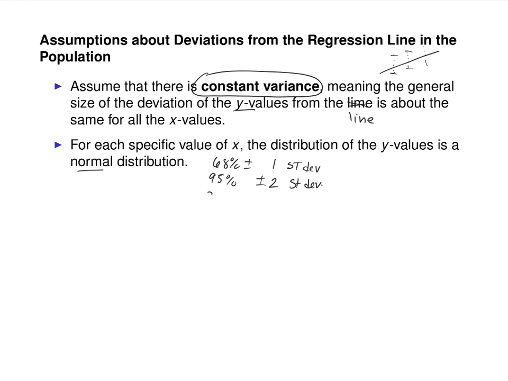And how many are plus or minus 3? 99.7. So if you have, say, the average blood pressure for 50-year-olds and you know the standard deviation around for 50-year-olds, you could figure out what proportion of 50-year-olds are within a range of their blood pressures. That's sort of like normal.